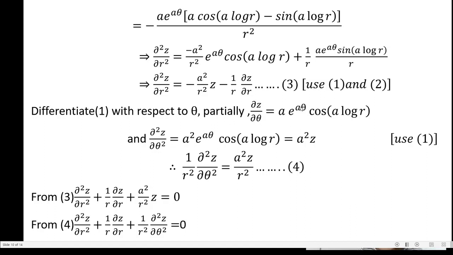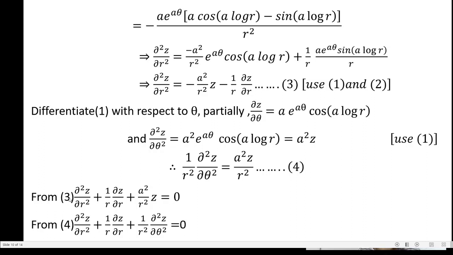Again e^(aθ) into a, that is a² e^(aθ) cos(a log r). This is equal to a² into z, so ∂²z/∂θ² is a² z. That is, 1 by r² into ∂²z/∂θ² is equal to a² z by r², by dividing r² on both sides. Consider this as equation 4.